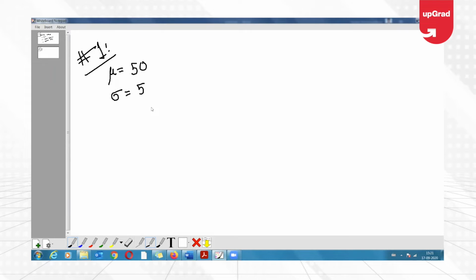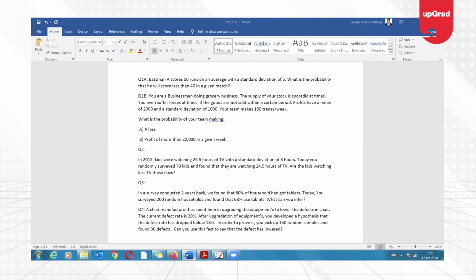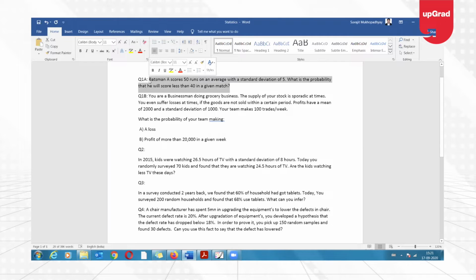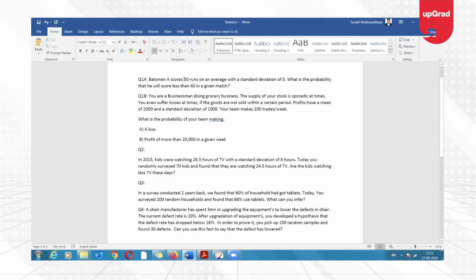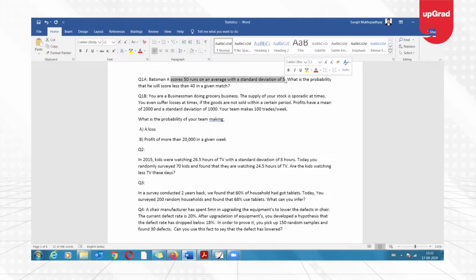So now, since in this problem nothing is mentioned about what kind of distribution the runs of the batsman follow, let's assume that these 50 runs with a standard deviation of 5 follow a normal distribution. Since nothing is mentioned, let's assume that it is following a normal distribution.